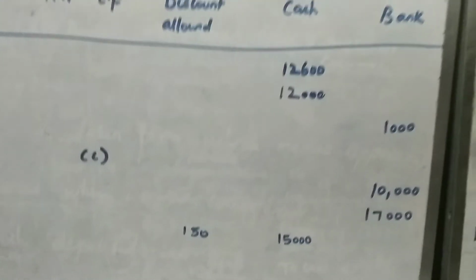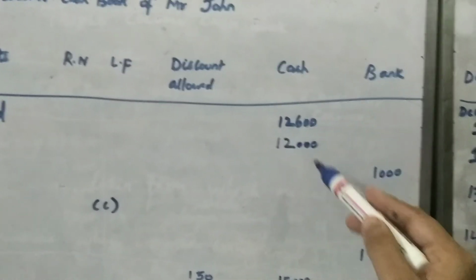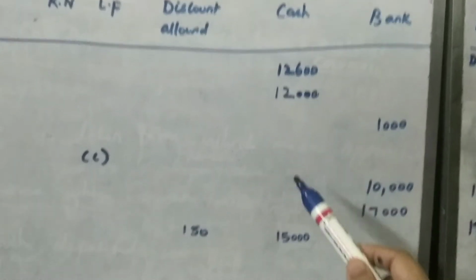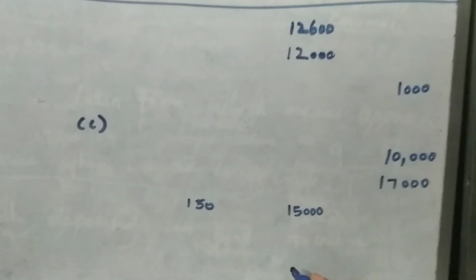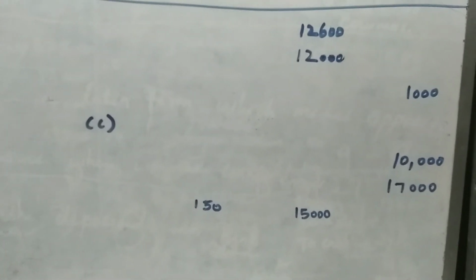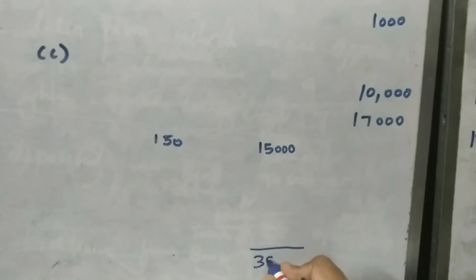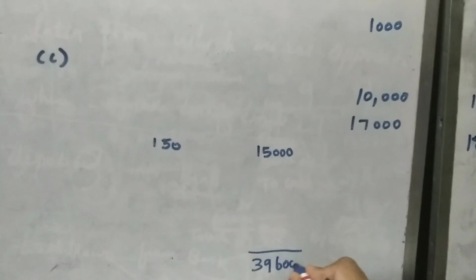If you total on the receipt side, cash column, 12,600 plus 12,000 plus 15,000, we are getting 39,600.